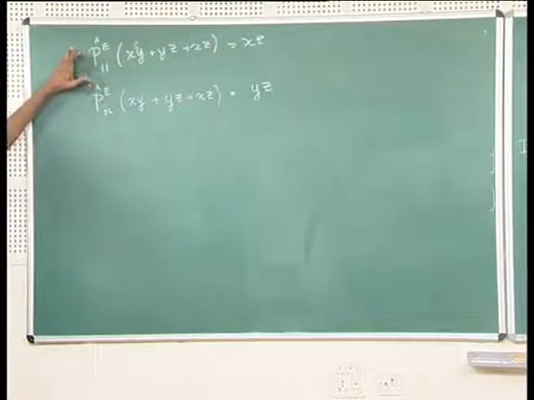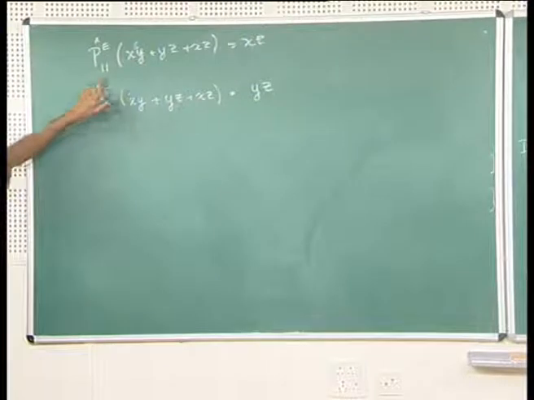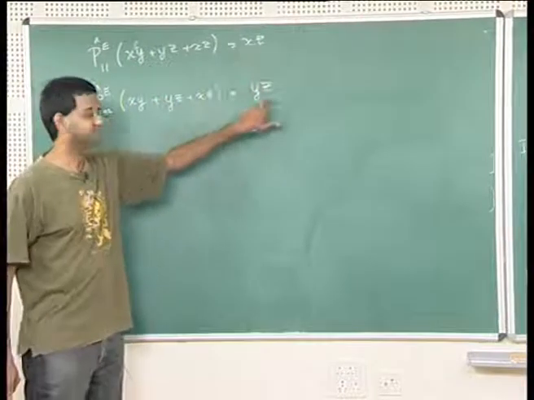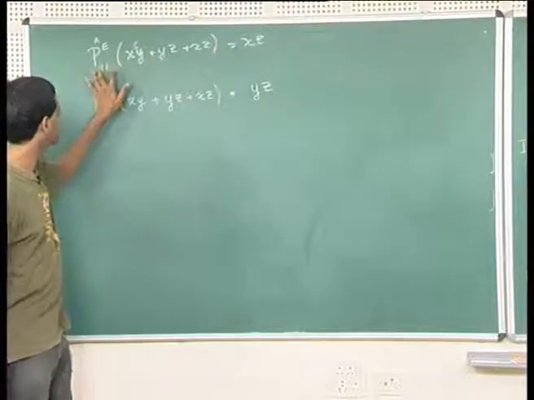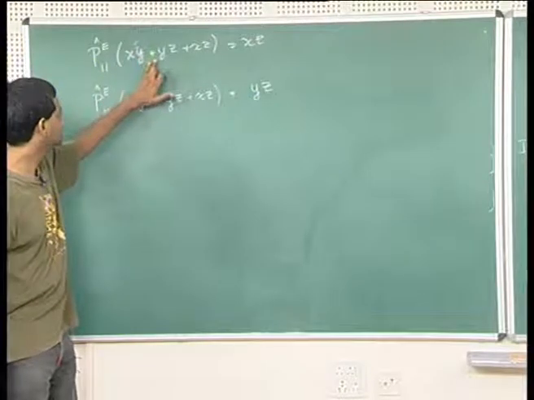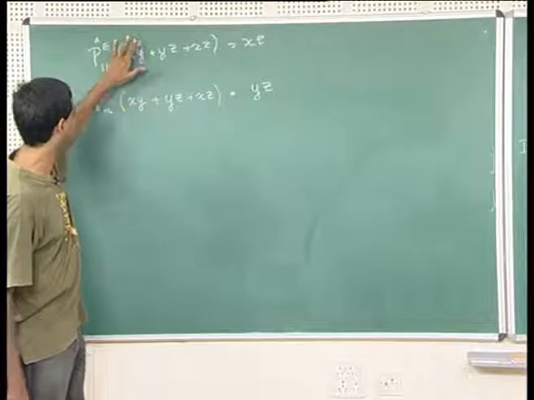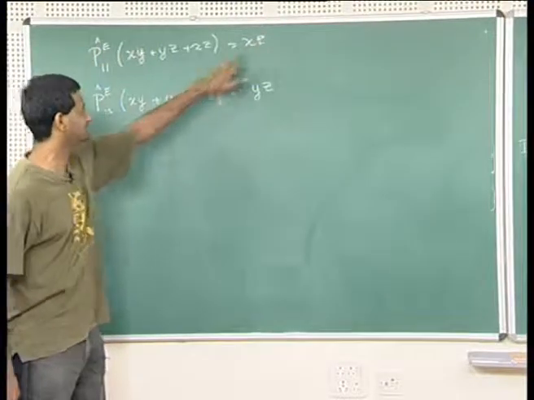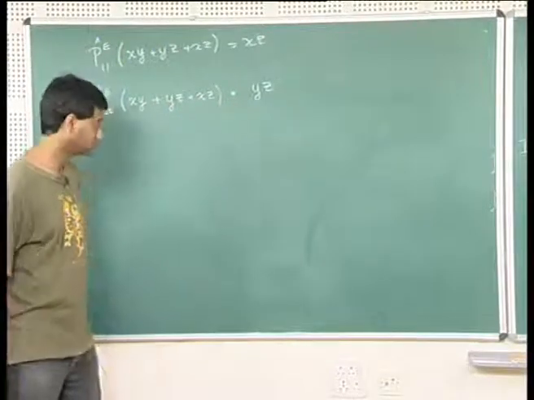So just using PE11 and PE22, we constructed two basis functions xz and yz. PE11 collects a diagonal projection, that is xz. Similarly, this collects another diagonal projection, that is yz.